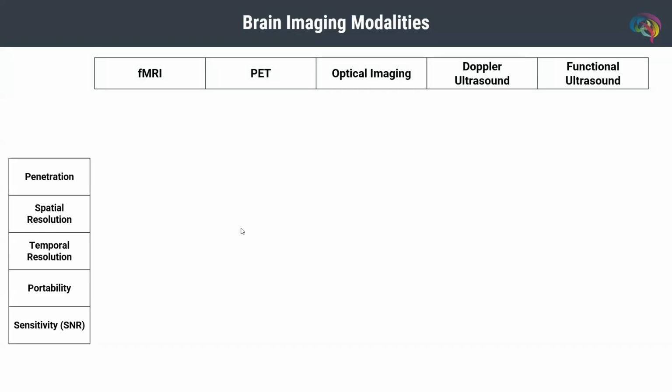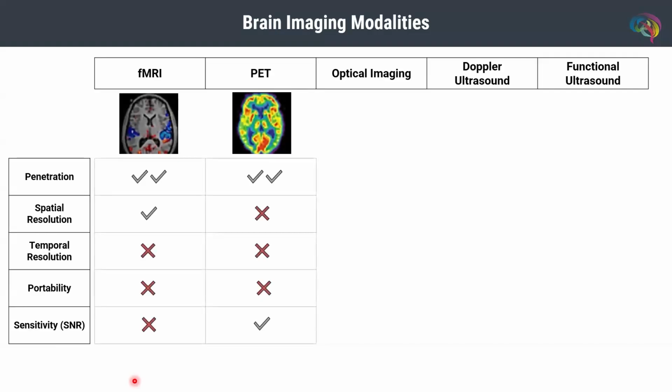Because, of course, when you have to choose an imaging modality, you have to take into consideration its characteristics, for example, the ones that you see here on the left, like penetration, spatial resolution, temporal resolution, portability and versatility, and sensitivity.